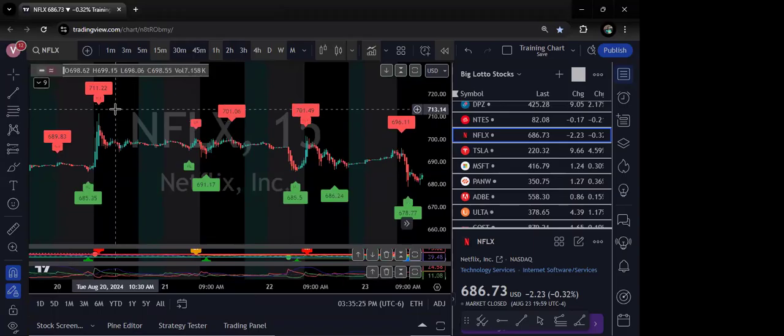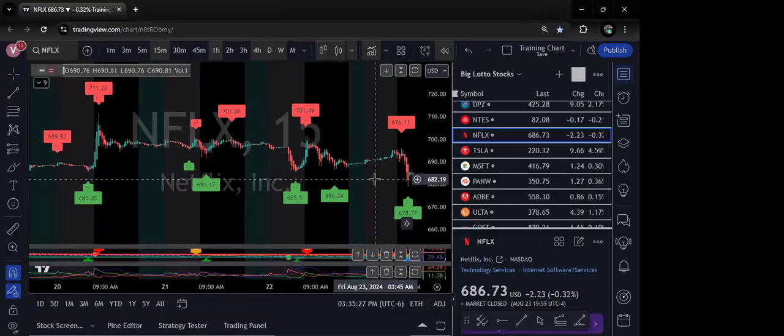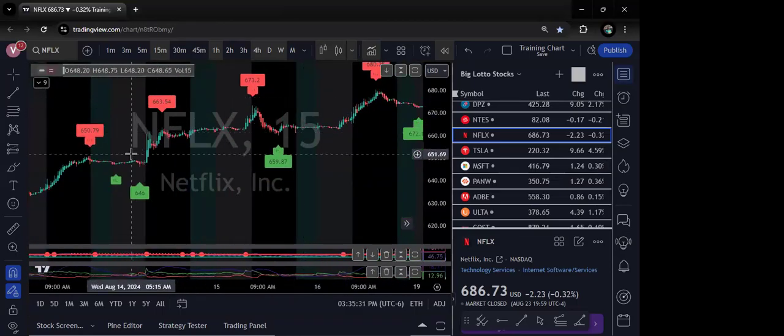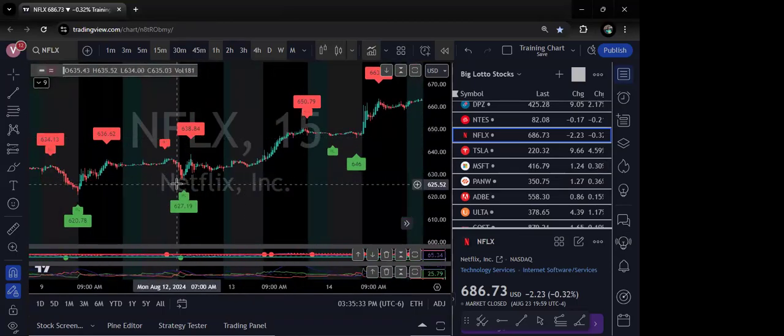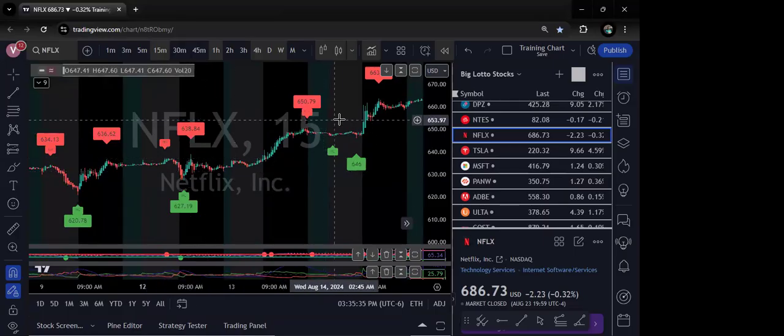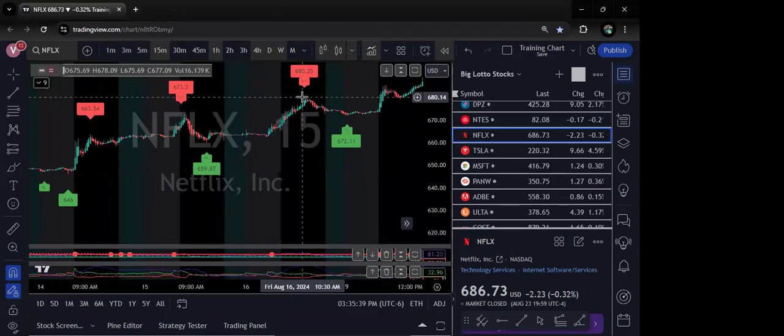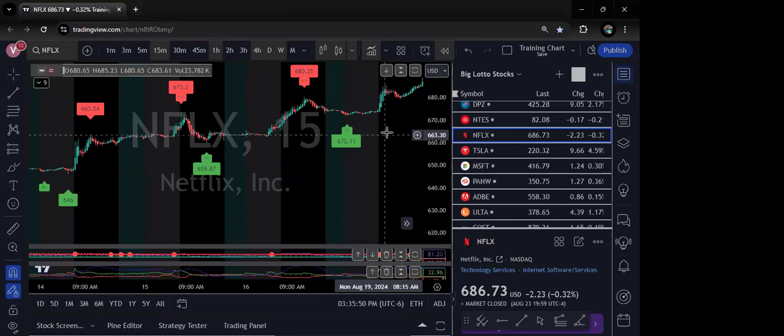You have 720. So if you're looking at Netflix, this was the week 12. What is the high? 670, 680. So the 16th, 680. So come next week, as long as Netflix is above 680, you're riding it up.